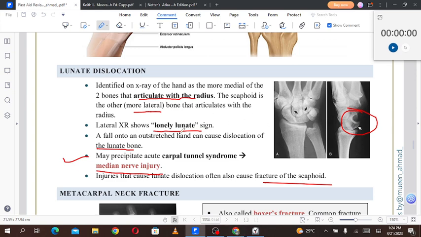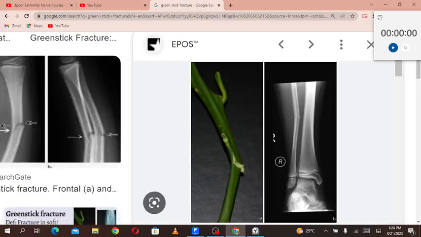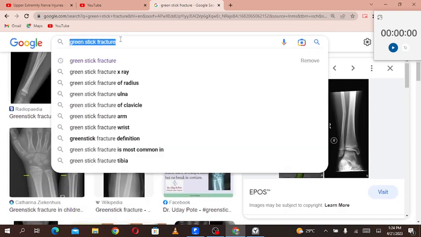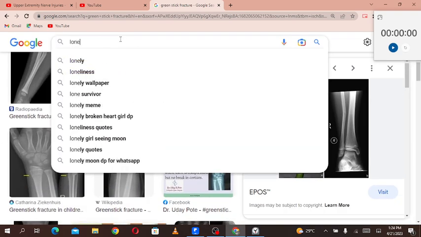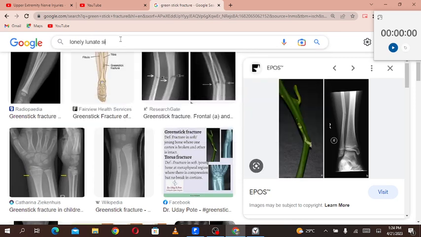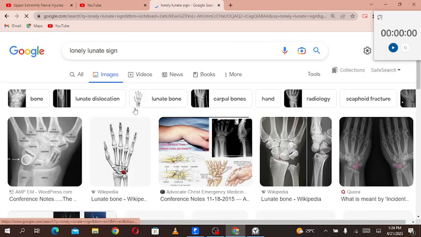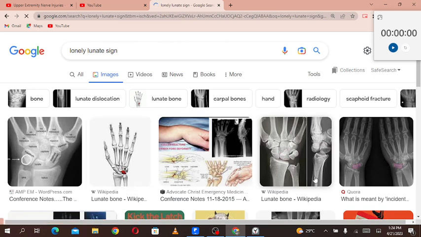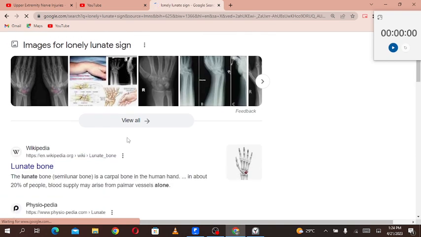So let's see this sign and then we'll close this session. Lonely lunate sign. So this is the lonely lunate sign. The lunate, semilunar bone, is a carpal bone.